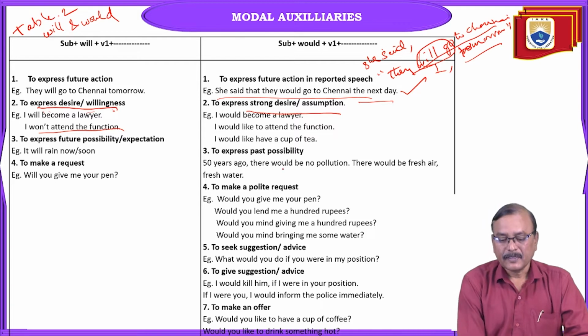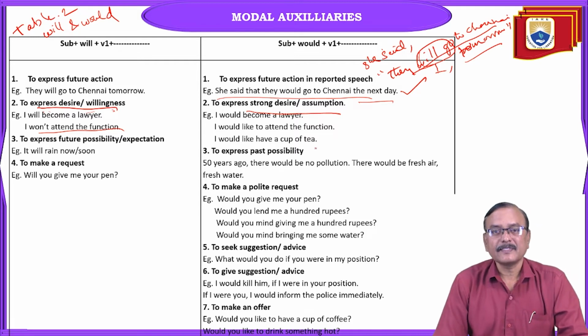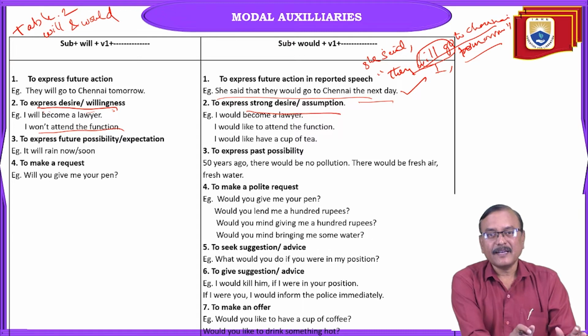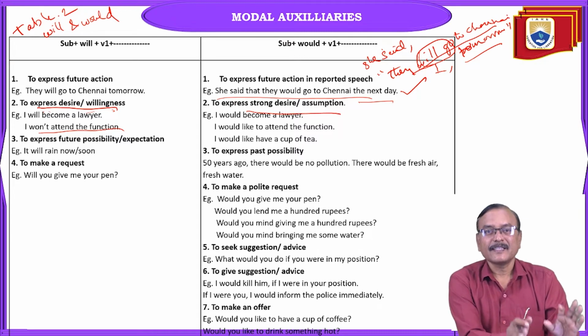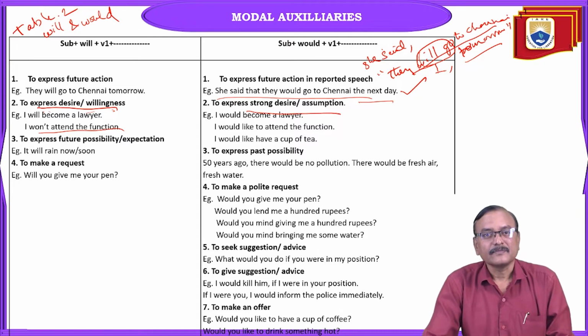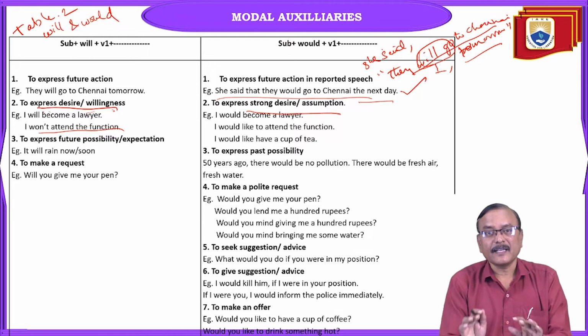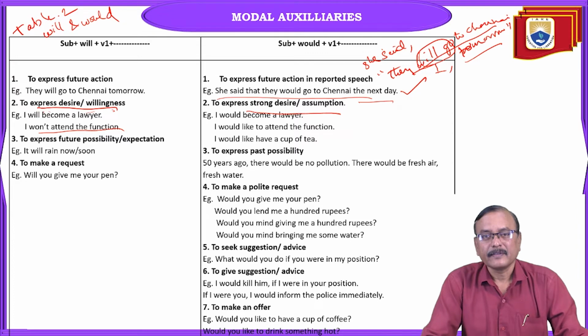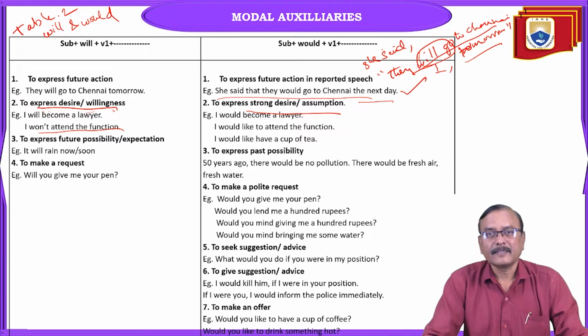I would like to have a cup of coffee. That is my interest. Strong desire. Right? Just desire or willingness, I will. If it is strong desire, go with I would. The main verb is V1 only.